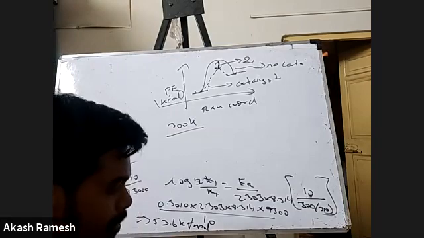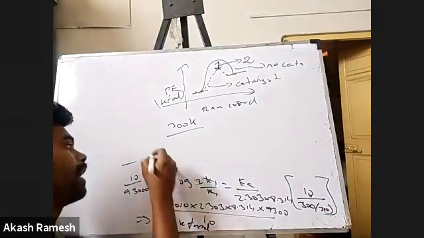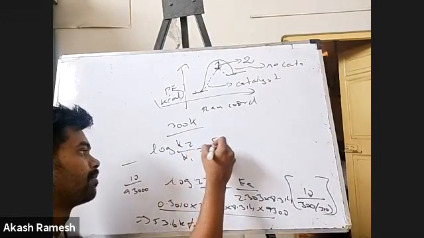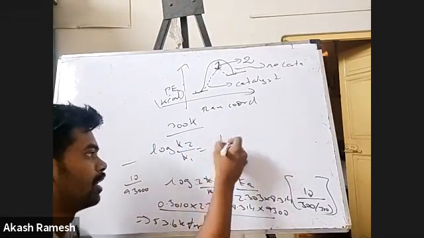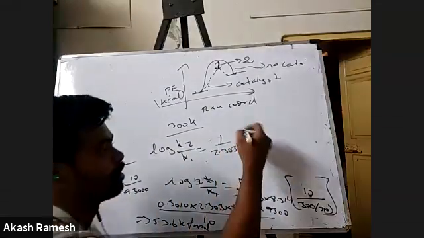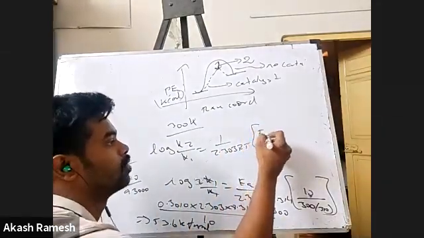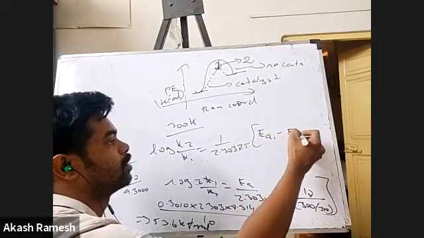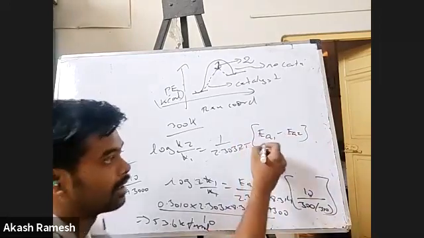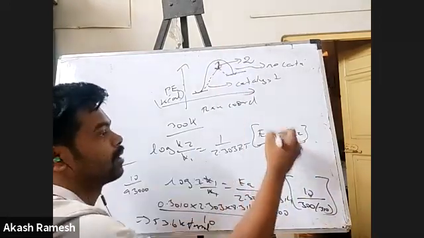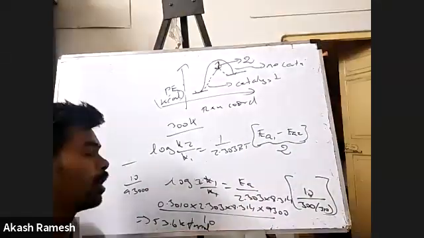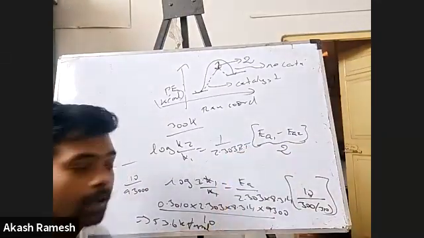So now in this case, temperature is going to be the same, only the activation energy changes. So if you remember the formula, Ea is what is going to change. So it will be log K2 by K1 equal to 1 by 2.303 RT into Ea1 minus Ea2. Basically, this is without catalyst, this is with catalyst. And this value is what is given here. This value is 2.